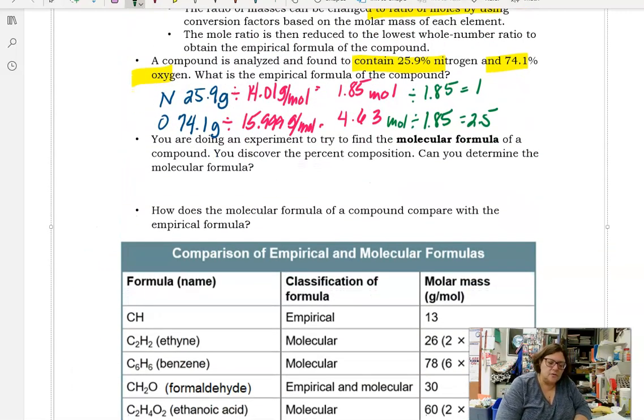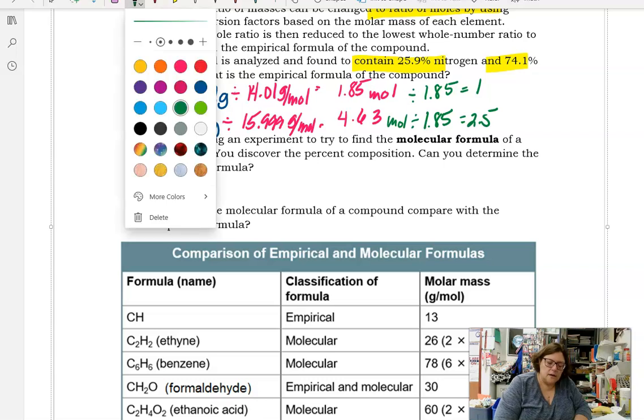The final line in the poem says to multiply until whole. Now sometimes if you get two whole numbers you don't have to worry about this. But here we have 1 and we have 2.5. What can I multiply 2.5 by to get a whole number?